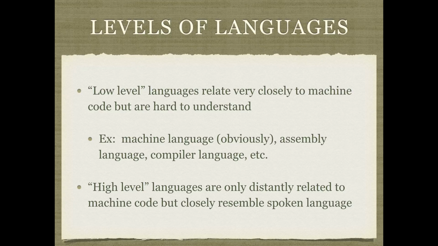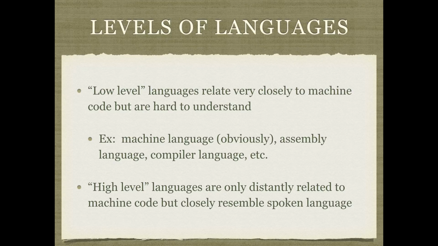So obviously machine language is an example of low-level language. Assembly is still considered low-level. Any compilers that you make program for are still considered low-level. But the higher up you go on that stack, the closer you get to natural human communication. And that's obviously what we call a high-level language.